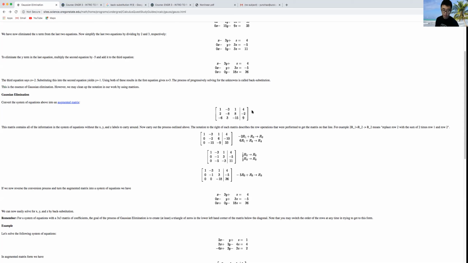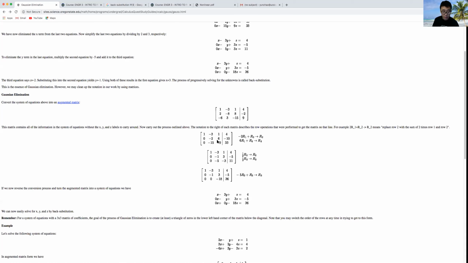Then we can add them to the second and third rows to eliminate the first column elements in the matrix, except for the first row, because we cannot eliminate this one.